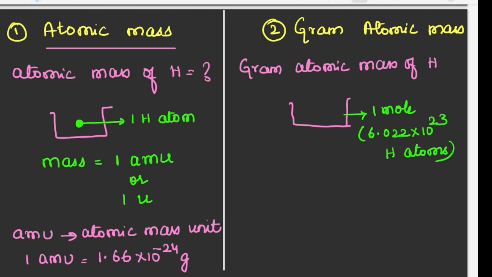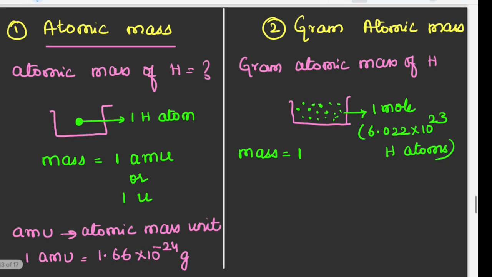Now you measure the mass of these hydrogen atoms. When you measure the mass, you will again get the value as 1, but the unit will be different here. It will be grams, so it will be equal to 1 gram.